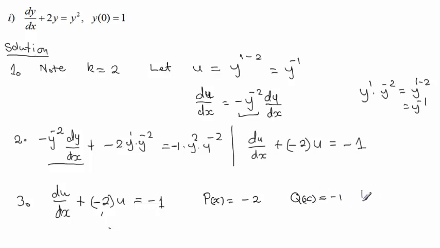Now we need our resolving factor, and we said our resolving factor comes from p. So resolving factor r of x equals e to the power integral of minus 2 dx.